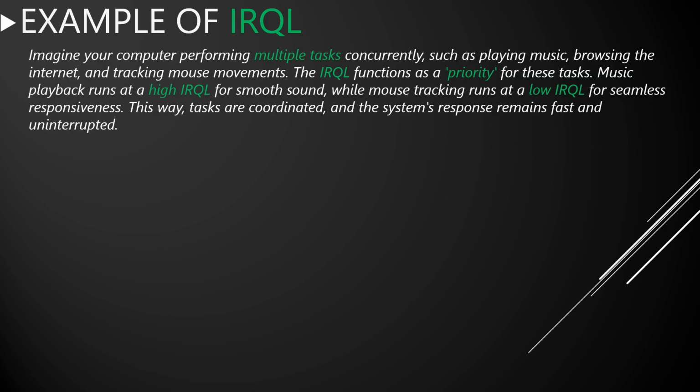The IRQL will decide the priority of these two tasks. Okay, it will give the high priority for the music, so you have no interruptions while you listen to music, and it will give low priority, low IRQL, for tracking mouse movement for your browsing. Okay, that's the main concept of this example.